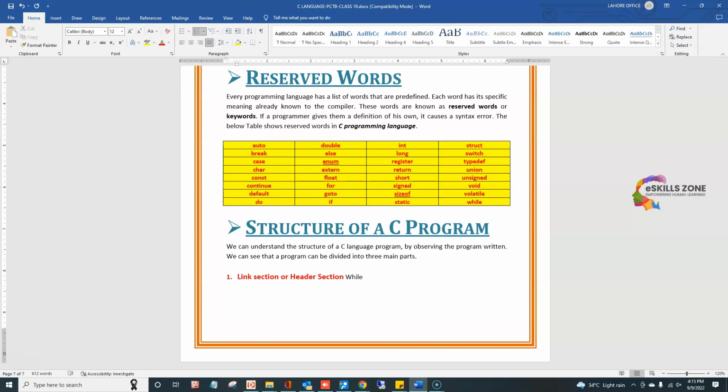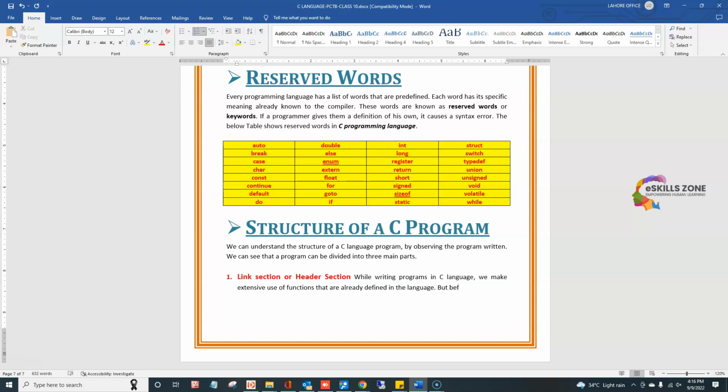While writing programs in C language, we make extensive use of functions that are already defined in the language.